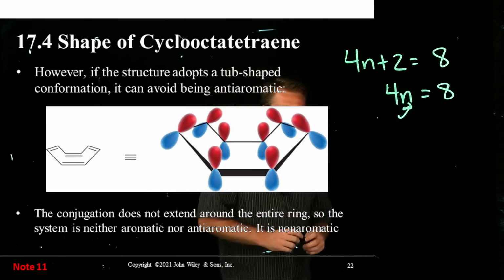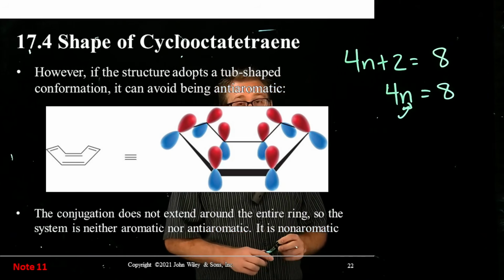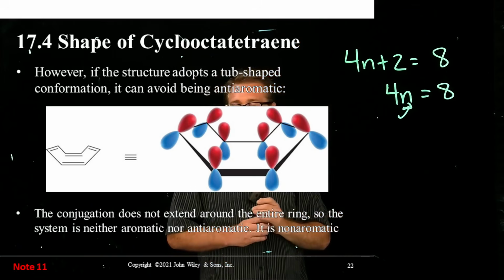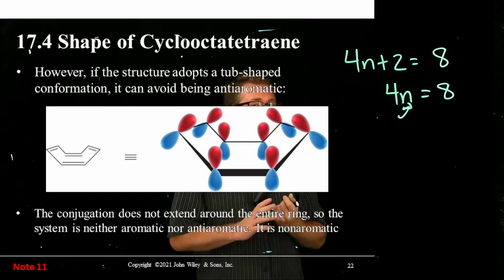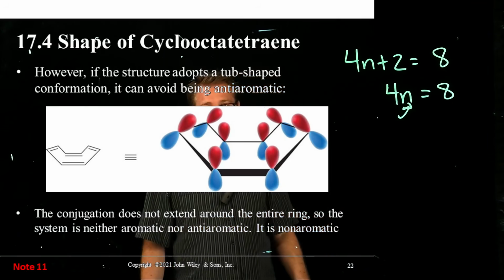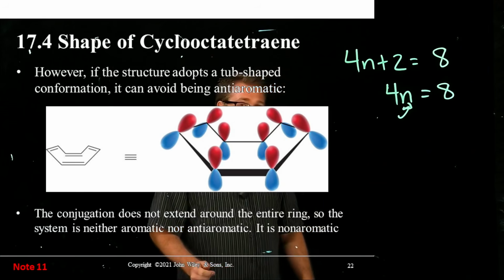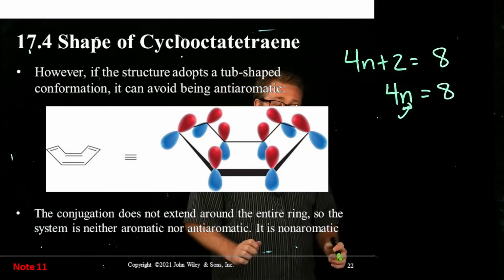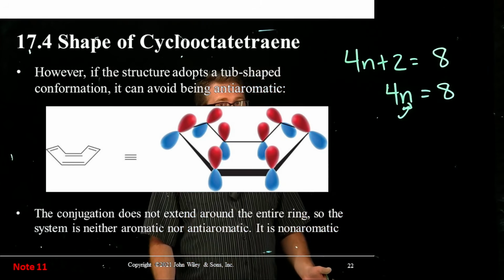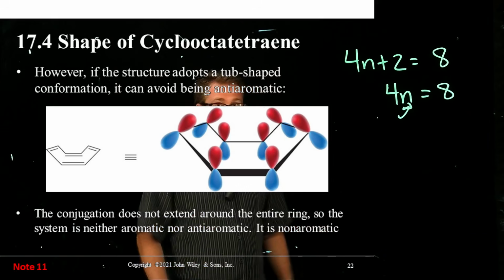Well, the reason why this molecule does this is because being anti-aromatic is really, really high in energy and unstable. It's very, very uncomfortable for the molecule to be anti-aromatic. So if it can bend out of planarity and become a different shape that's not planar, it is no longer going to be anti-aromatic.